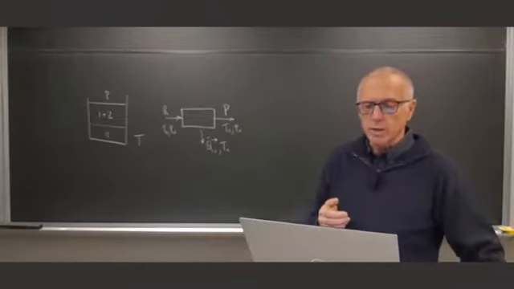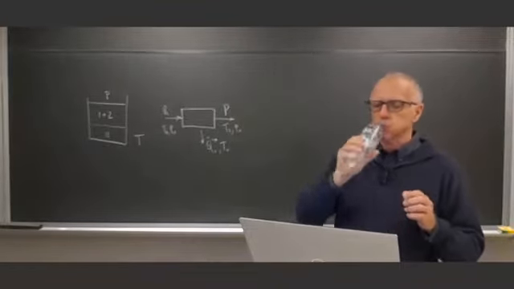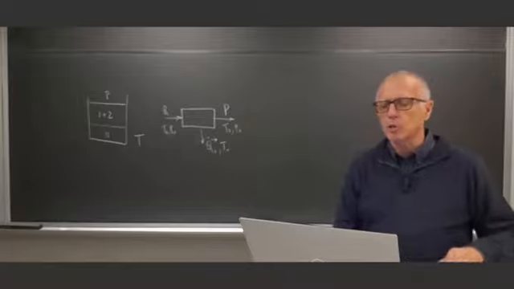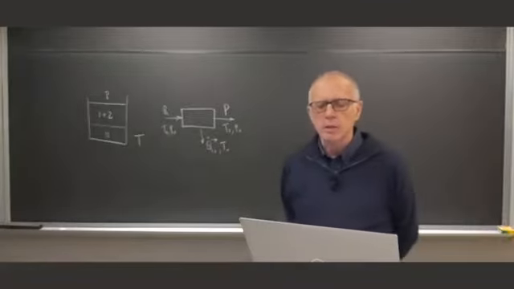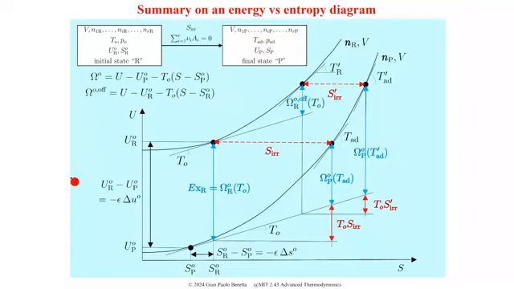So let's summarize. For the closed system setup, what we have seen in this energy versus entropy diagram, this is the curve that represents the stable equilibrium states of the reactants, and this is the one that represents those of the products.